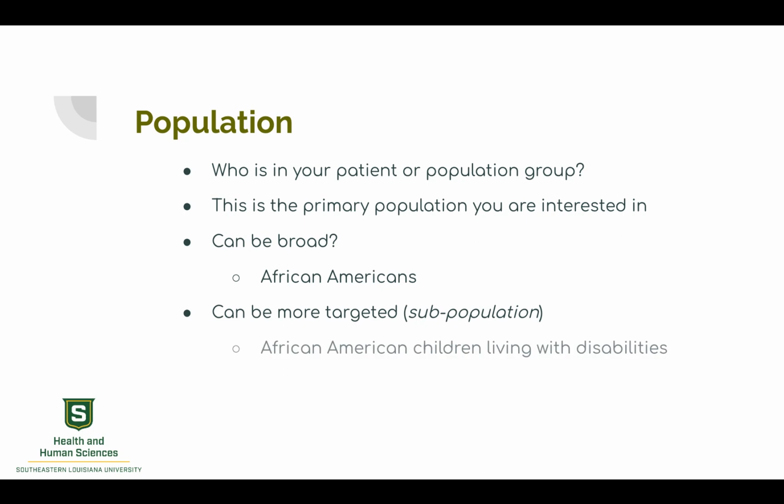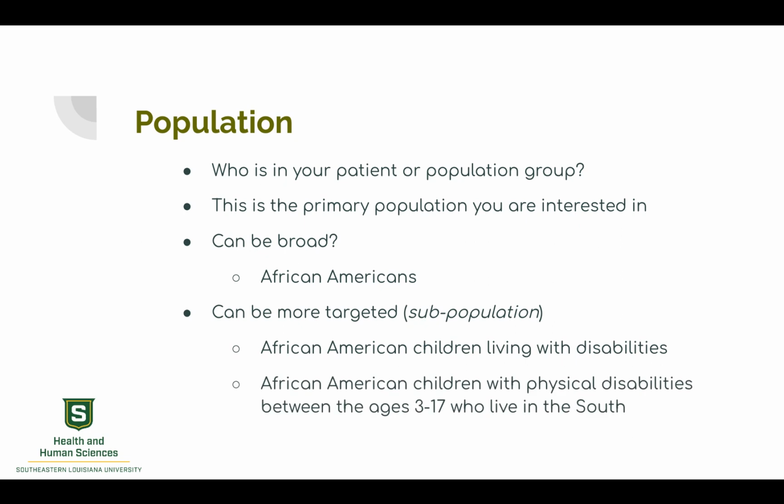An example would be African American children living with disabilities. That is a subpopulation. You still have African Americans there, but instead of dealing with hundreds of millions of people, you're probably dealing with just a million plus, a much smaller sample. But you can go even smaller by looking at African American children with physical disabilities between the ages of 3 to 17 who live in the South. So you can narrow it down.